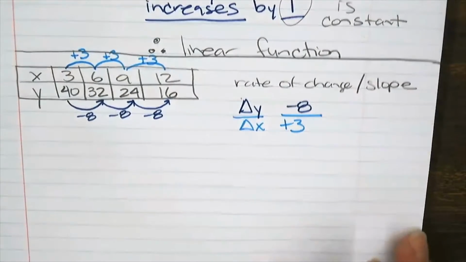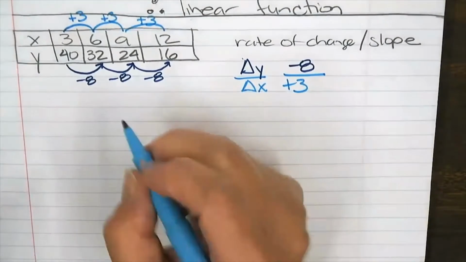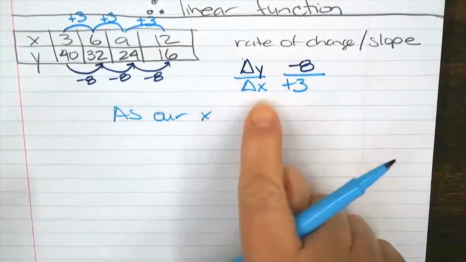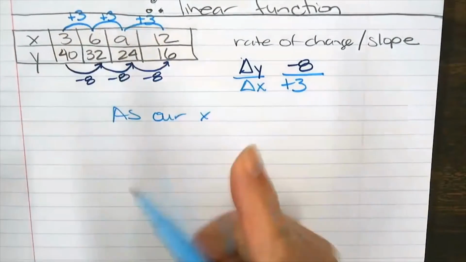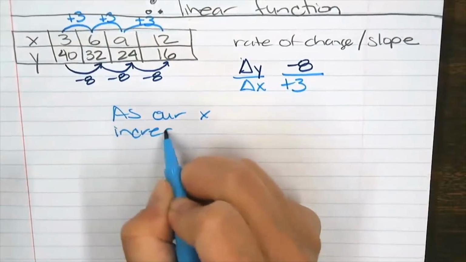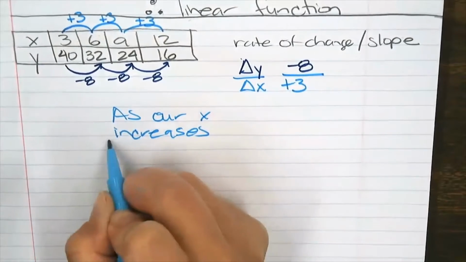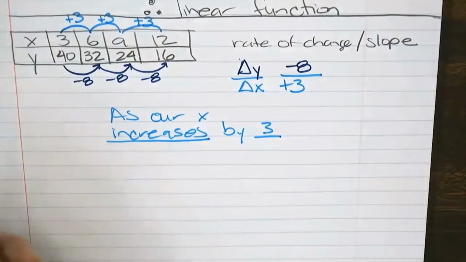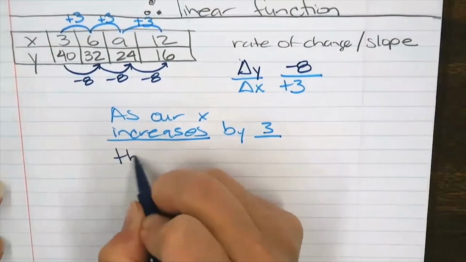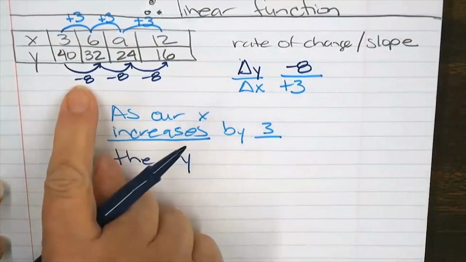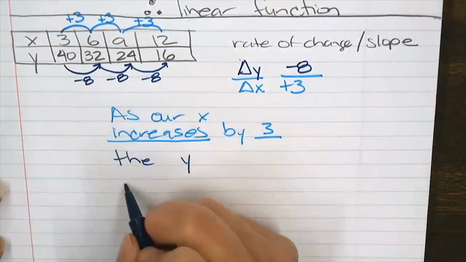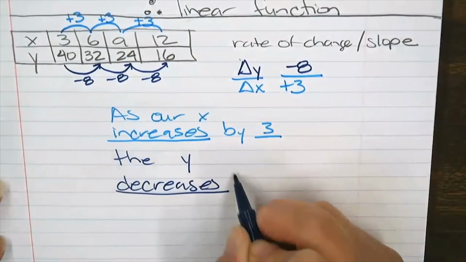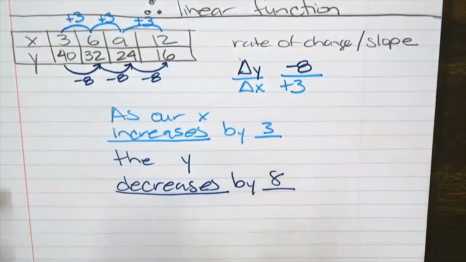So with that being said, as our x is increasing, as our x increases by 3, the y, now this is negative, so it decreases by 8.